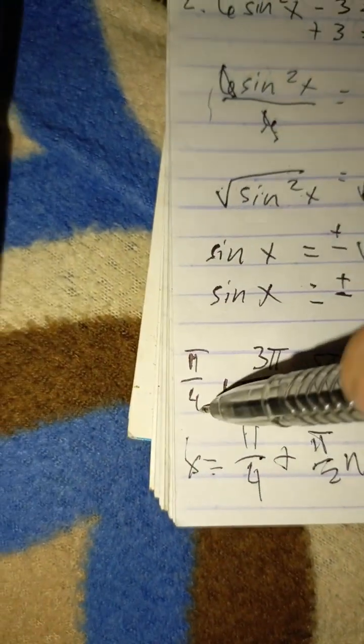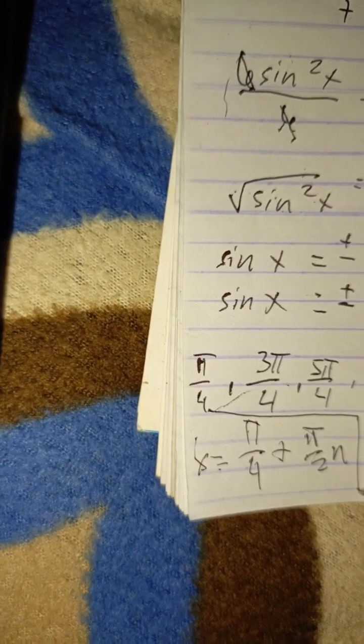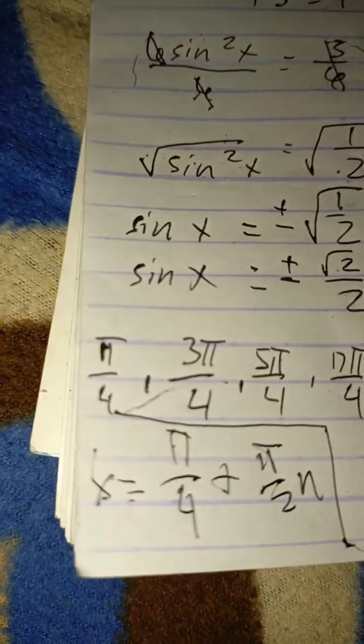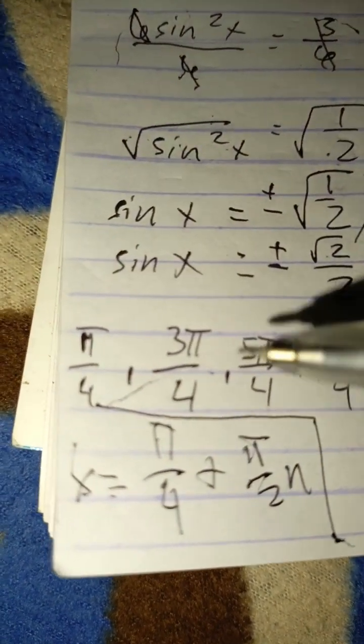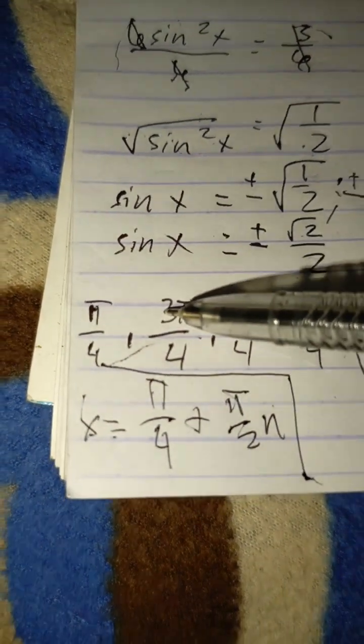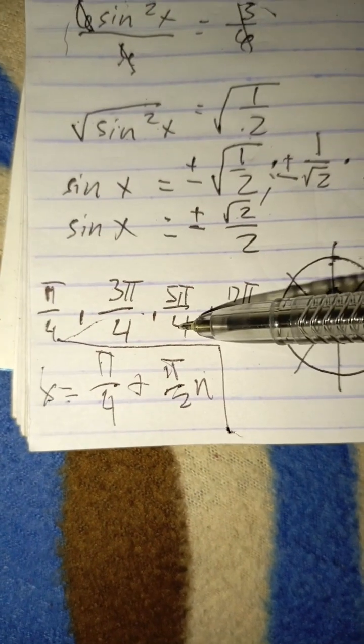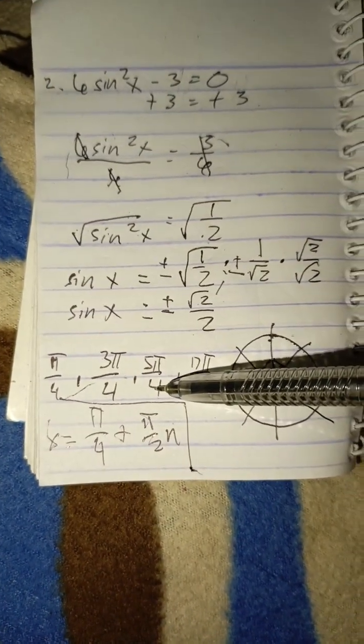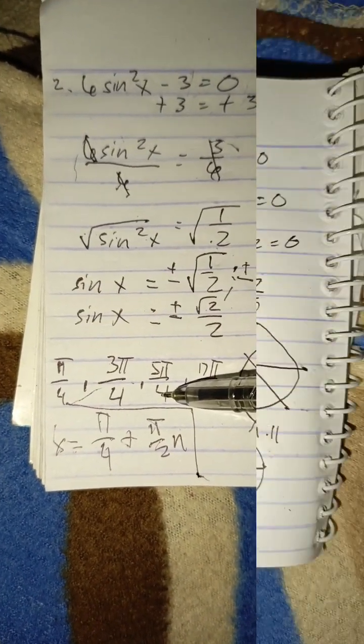Now, here is our general solution for this problem. You can just add the pi over 2 n to every interval that we have here. And that is all for the sine equation that we have here.